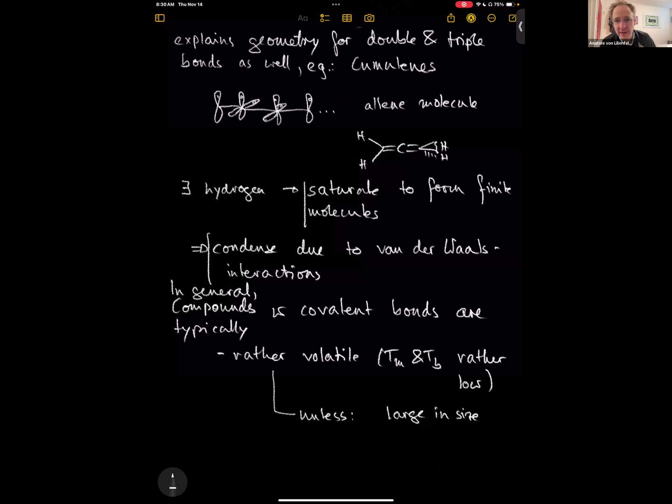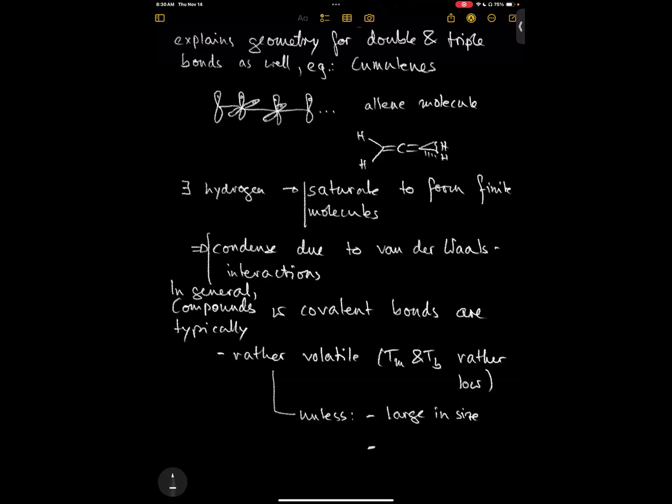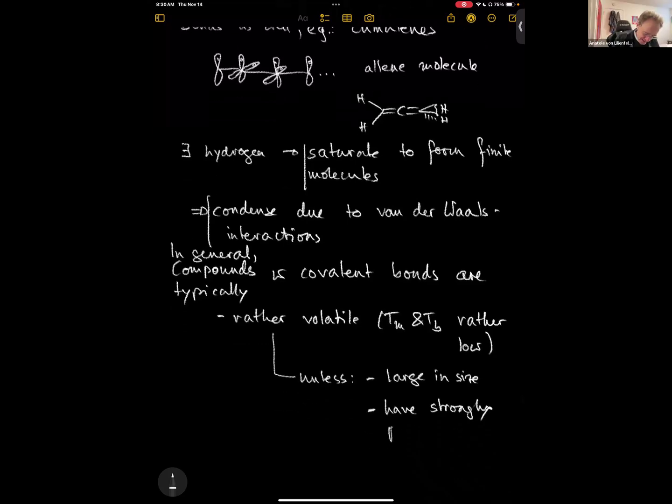So we do not easily evaporate entire proteins, or entire polymers, or molecules that contain polarized bonds.